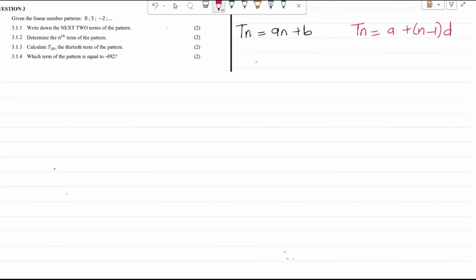If your teacher is using this one, please let me know so that I can do videos using this formula, because most schools use this formula when they're in grade 12. But in this video we are going to be using the formula that I have highlighted here. So I'll just wrap this so that you guys are not confused.